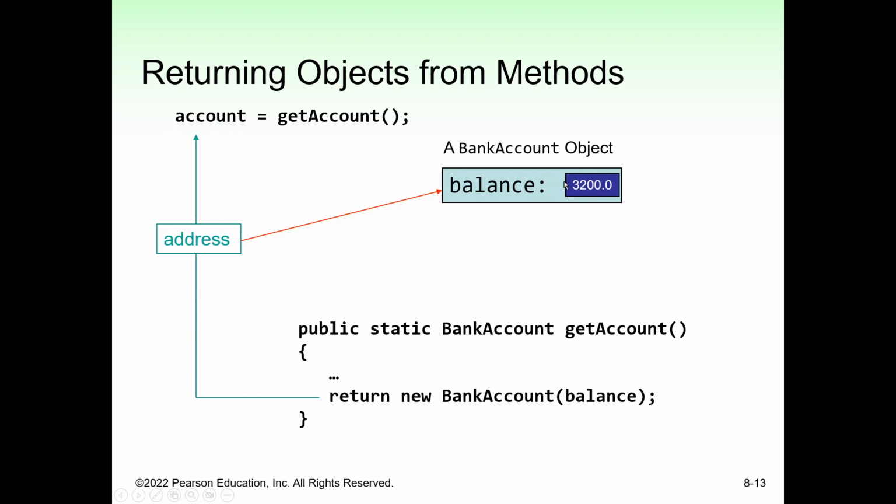But it's not a copy of this value that is being returned, it's the address that is pointing to this value that is being returned. So whenever this value changes, this value will also change.